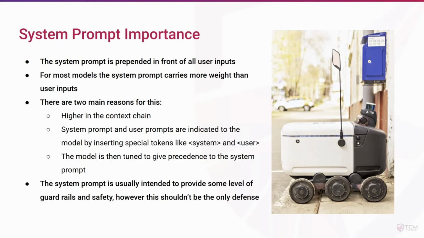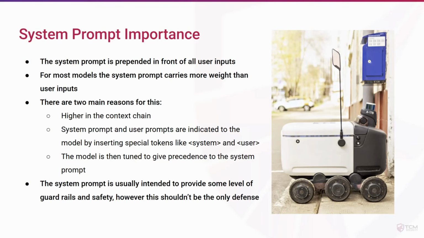If you think back to when we were talking about the LLM architecture in a decoder and how we take this string of tokens and it gets passed through, well, generally the pre-processing for the LLM is going to prepend a system prompt in front of user input.